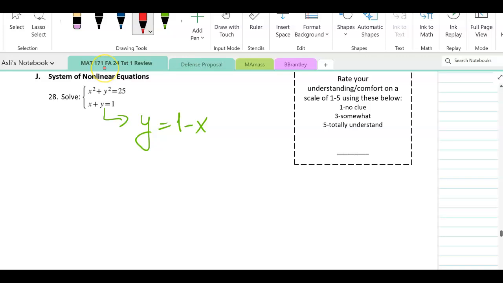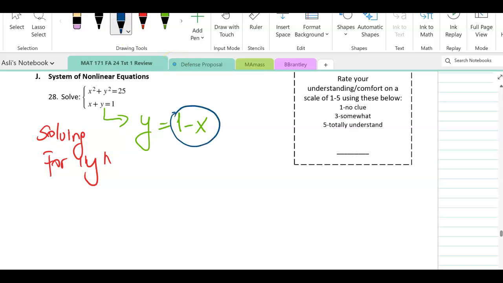So what I'm doing is solving for y, writing y in terms of x. Then I'm going to use that in this equation. So instead of writing x squared plus y squared, instead of y, I'm going to write (1 minus x) squared, quantity squared, equals 25.